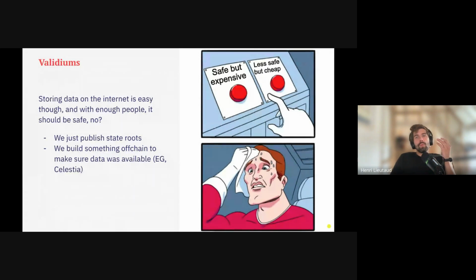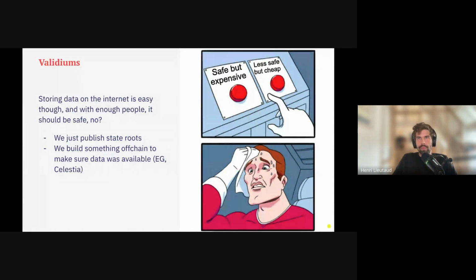So one thing Validiums are doing is working on this. The whole data availability space is really interesting, because when you think about data availability, most people think data storage, but in reality, what data availability is about is data publication. It's not about who holds the state at any given point in time.